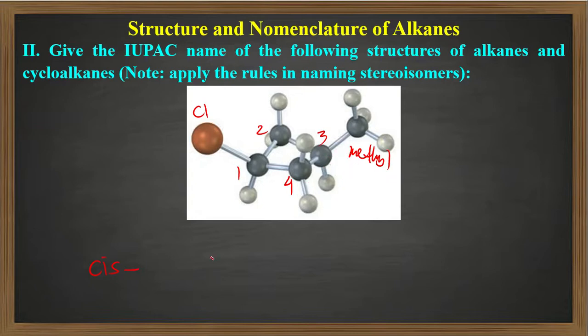So this will be cis 1 chloro, and then 3 methyl. And our ring contains 4 carbon atoms, and that will be cyclobutane. Cis 1 chloro, 3 methyl cyclobutane. That's the name for this structure here.